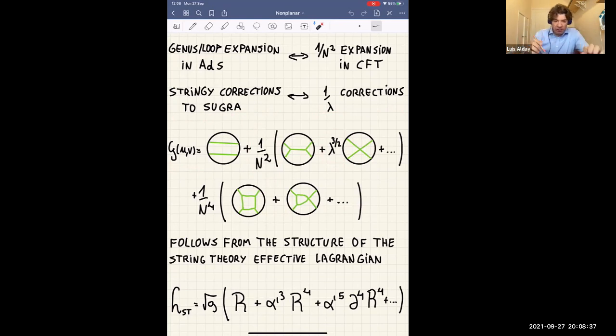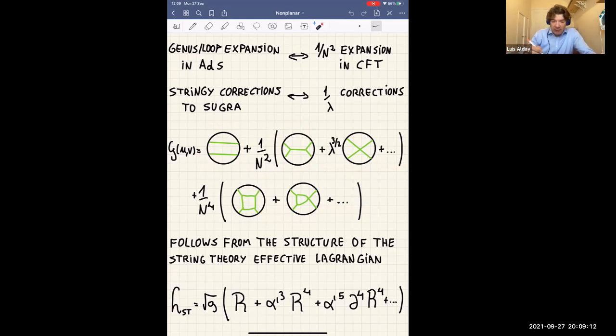So the correlator will have a generic expansion where the leading order is the disconnected contribution, or mean field theory, or generalized free fields, that is at N equals infinity. Then we have an expansion that starts with 1/N squared, the non-trivial part. This is what is usually called the supergravity result. And then the supergravity result is corrected by a tower of lambda corrections, lambda to the 3/2, etc.